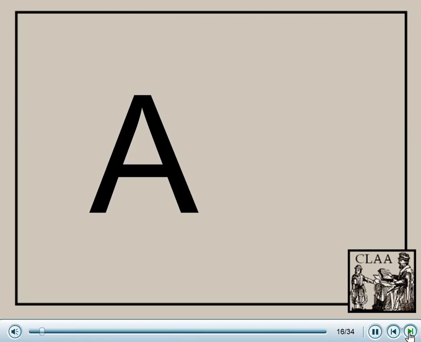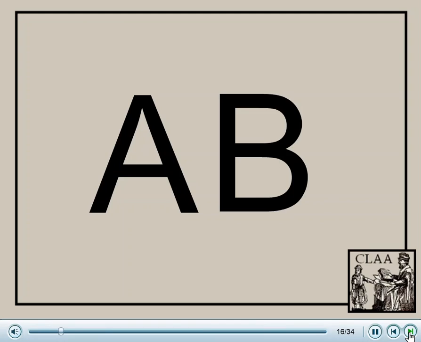If we place the consonant B after the Latin vowel A, we make a syllable. But how do we read a syllable? It's very easy.